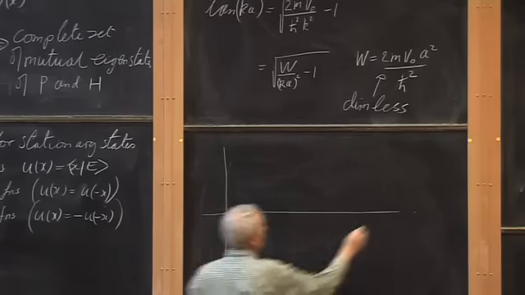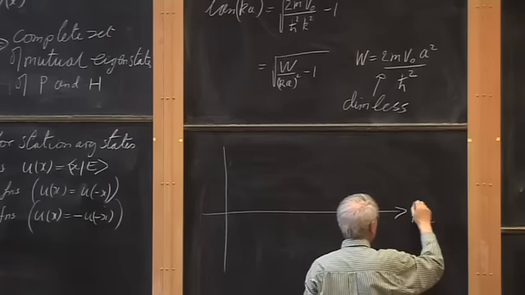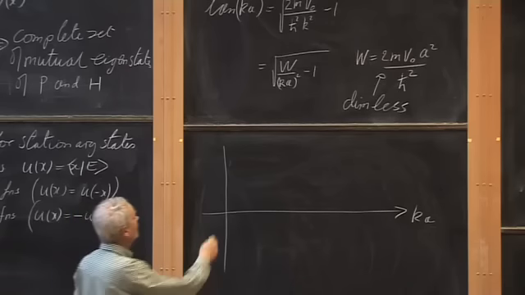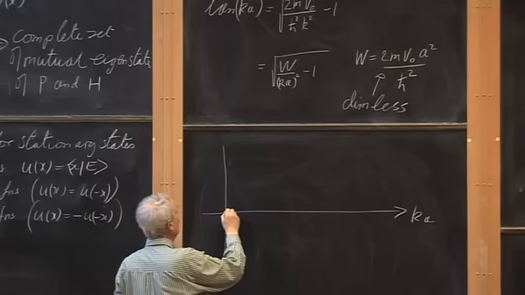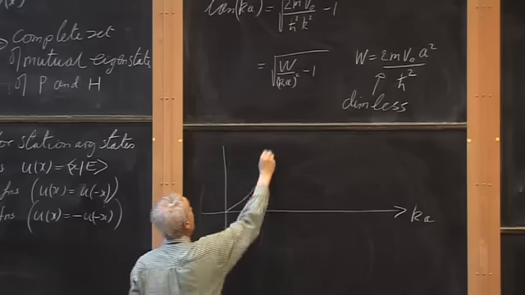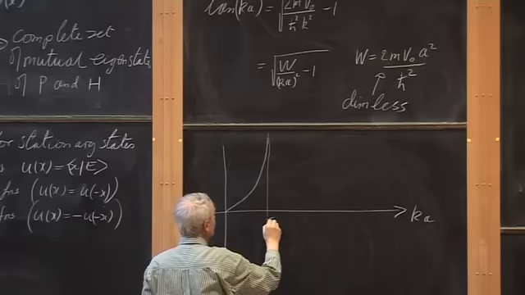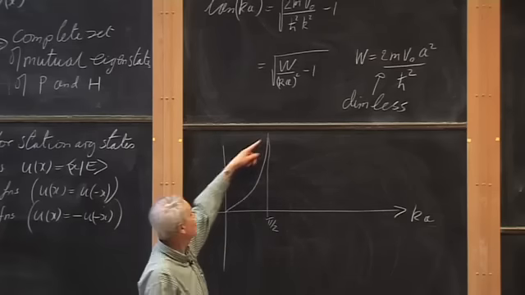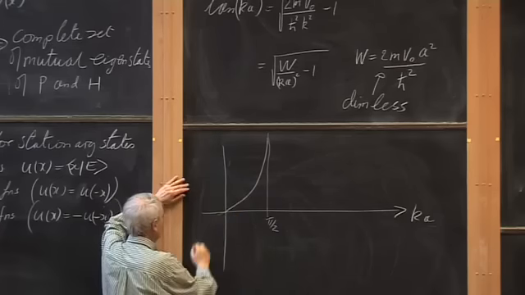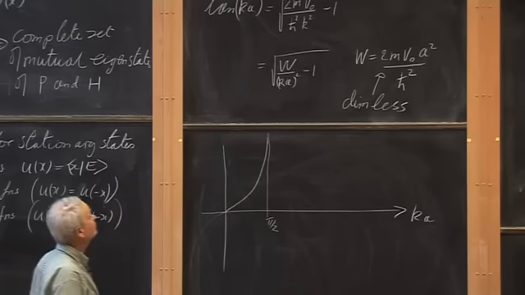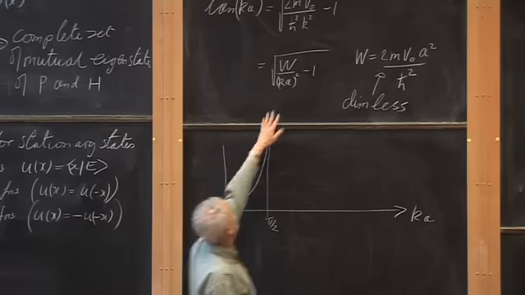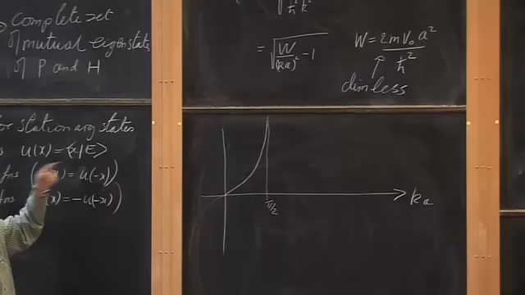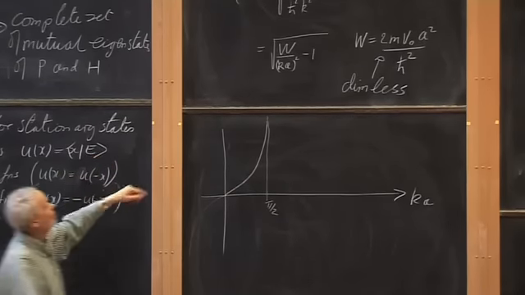So if this is a plot, with Ka being plotted this way, then if I plot tan Ka, it starts off at 0 and rises like this, and when Ka becomes equal to pi over 2, it zooms off to infinity. That's what tangents do, and down here it goes symmetrically. What does this thing do? When Ka is nothing, that thing is obviously infinity because it becomes W over nothing, square rooted.